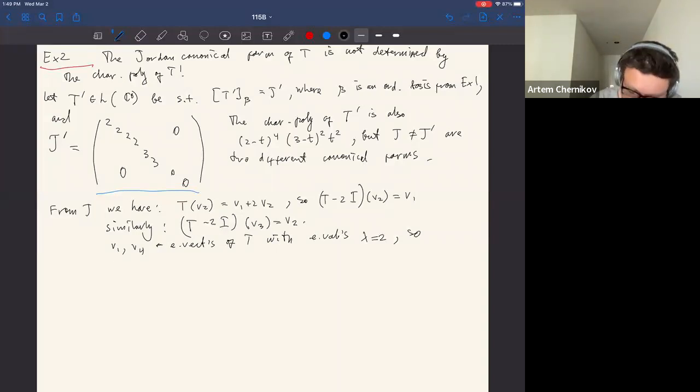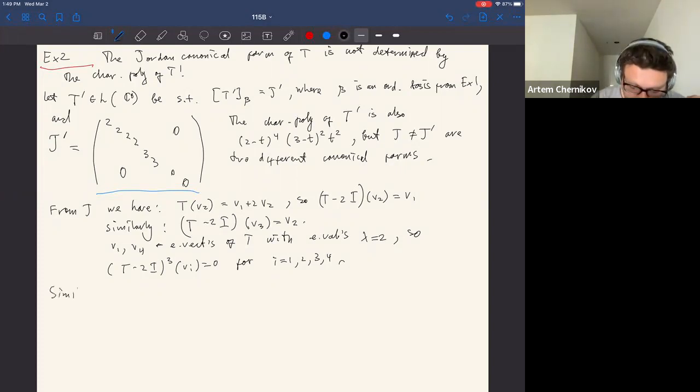So we have that (T minus 2I) cubed of Vi is going to be 0 for i equal to 1, 2, 3, or 4. In each of these cases we get 0.